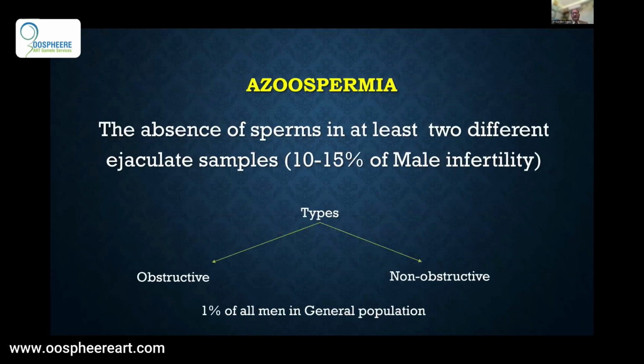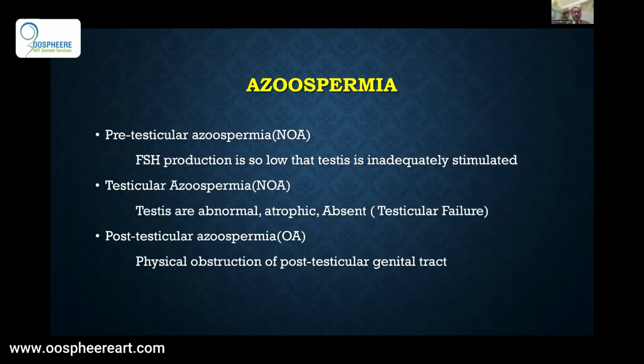Now, azoospermia can be obstructive or non-obstructive, and generally, in the general population, the incidence is only 1%. Okay. So, three types of azoospermia are seen. One is pre-testicular azoospermia, second is testicular azoospermia, and third is post-testicular azoospermia. Just for our own understanding, in pre-testicular azoospermia generally the problem is in the pituitary.